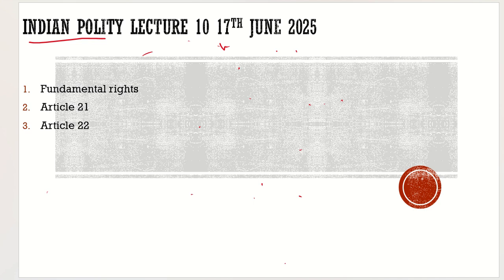We saw two important points about natural justice. First, nobody should be sentenced without being heard. If you have to sentence anybody to jail, you have to hear him: why he has done it, whether he is innocent or not. Second, we saw that no person should be judge of his own case.